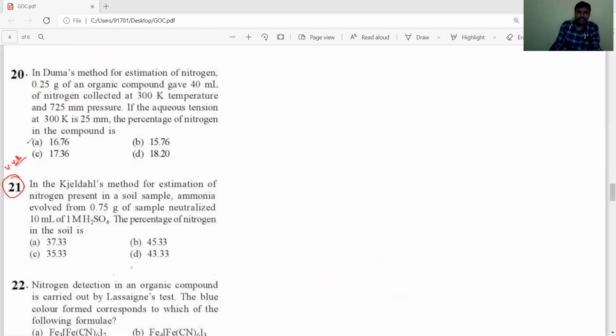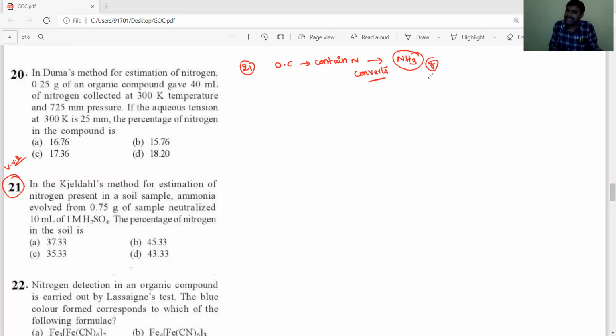In the Kjeldahl method, the nitrogen in the organic compound is estimated in the form of NH3, ammonia gas.